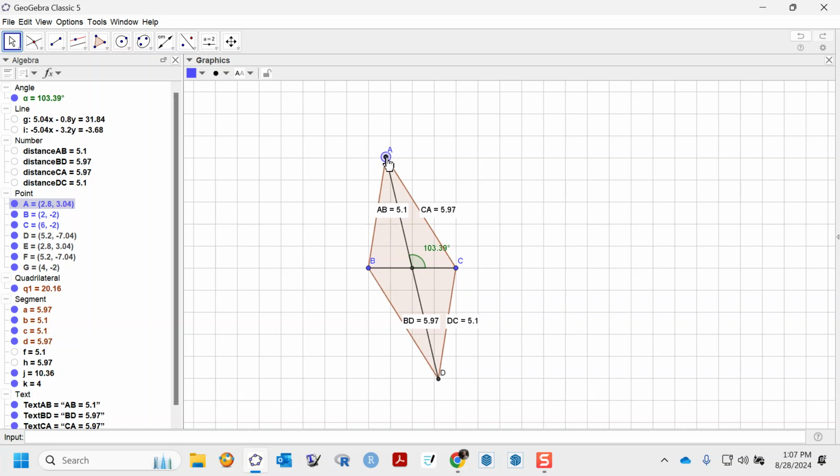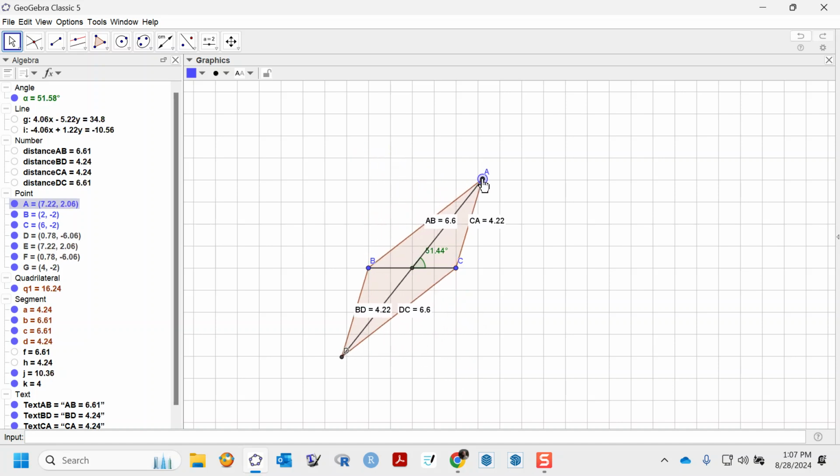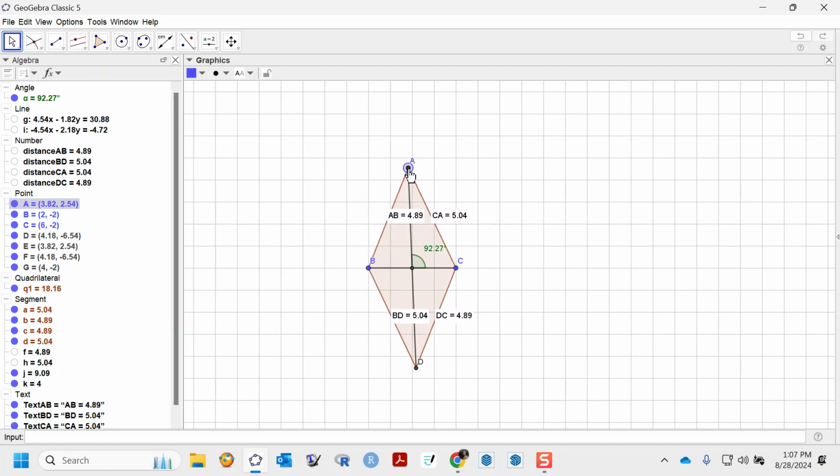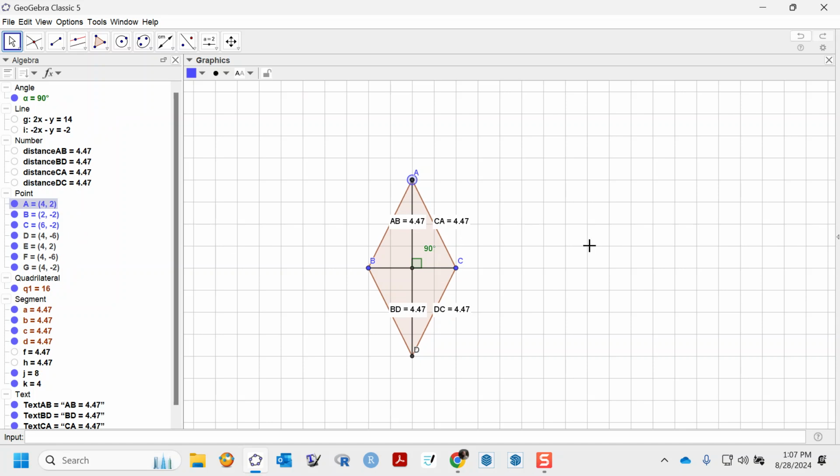So it does indeed seem that the statement of the theorem is correct, that anytime the diagonals of a parallelogram intersect at a 90 degree angle, then the sides of the parallelogram are all equal in length. So it seems that we should be able to prove this as a statement that's true always.